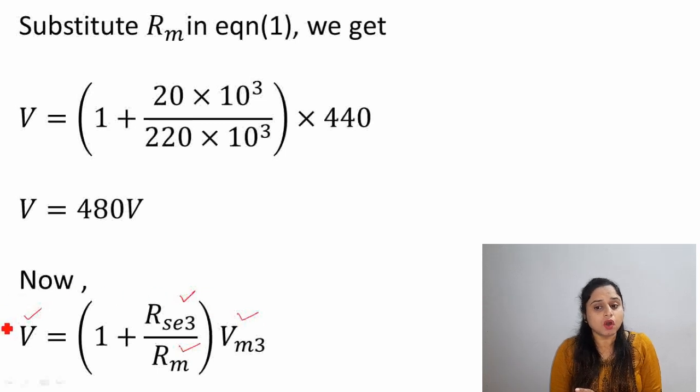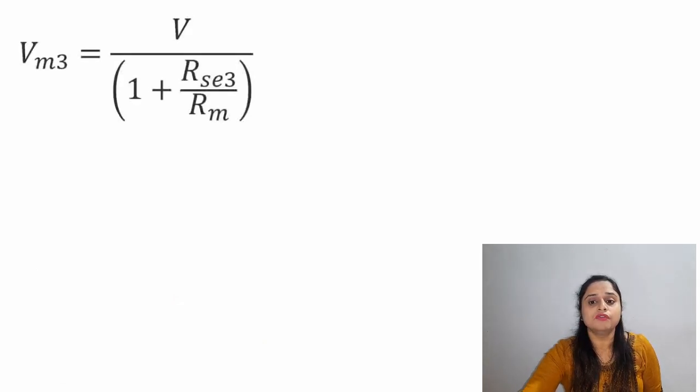Now substitute all the values given in the numerical into this equation. What we have to find out is the value of Vm3. You can simplify this equation for Vm3. It becomes Vm3 equals V upon (1 plus RSC3 by Rm). From this equation all the parameters are known.